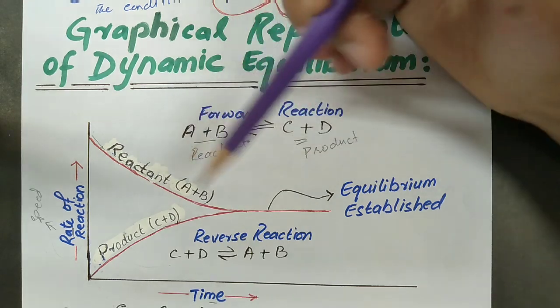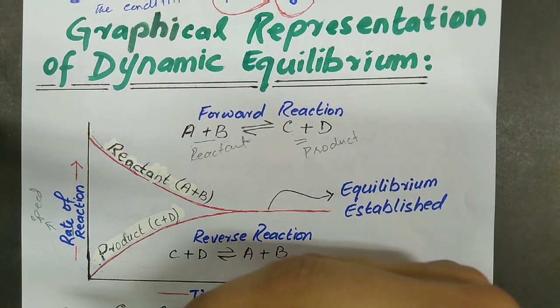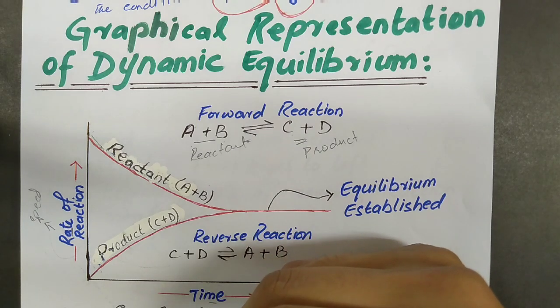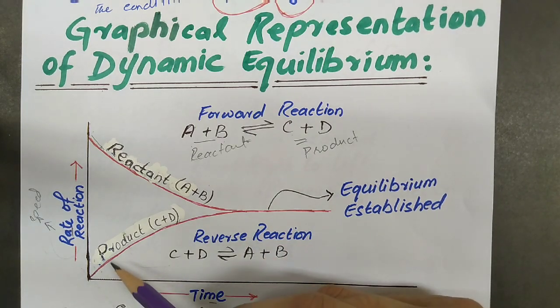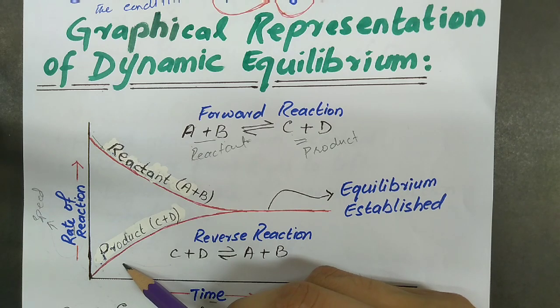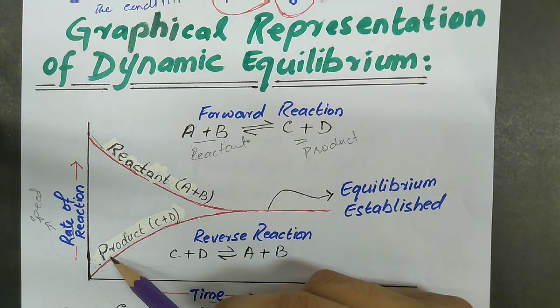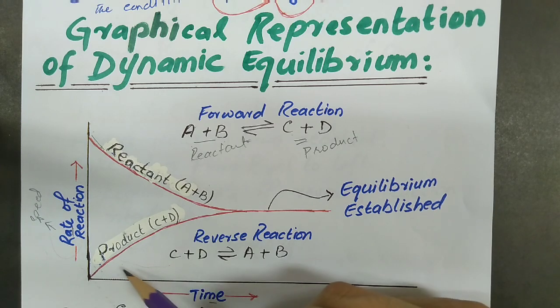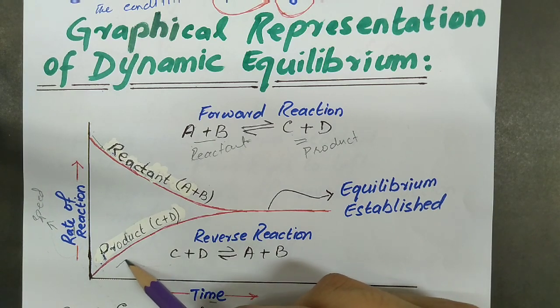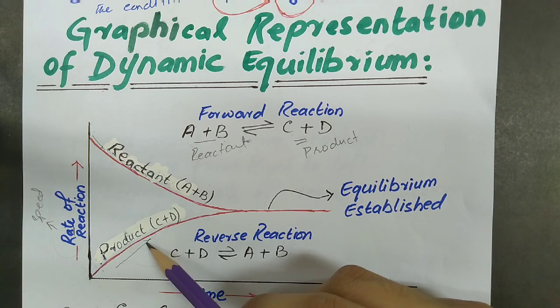See? Whereas on the other side, once the reactant starts to convert into the product, the product concentration increases. And when the product concentration increases, the rate of reaction also increases. As you can see, with the passage of time, the product is going upward.